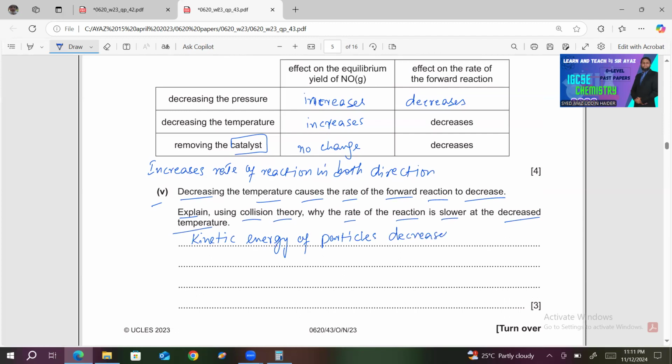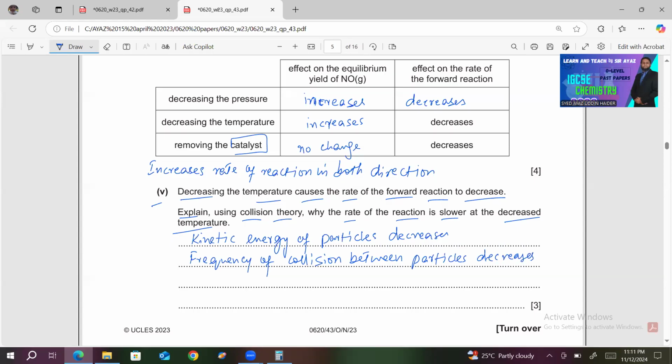That's why the rate of reaction decreases. Now, this will also decrease the frequency of collision between particles.